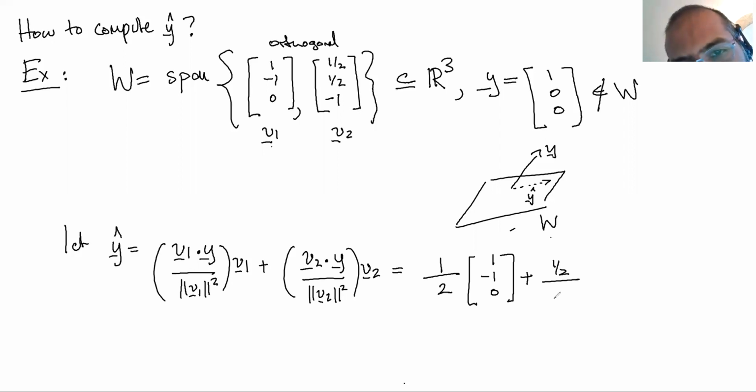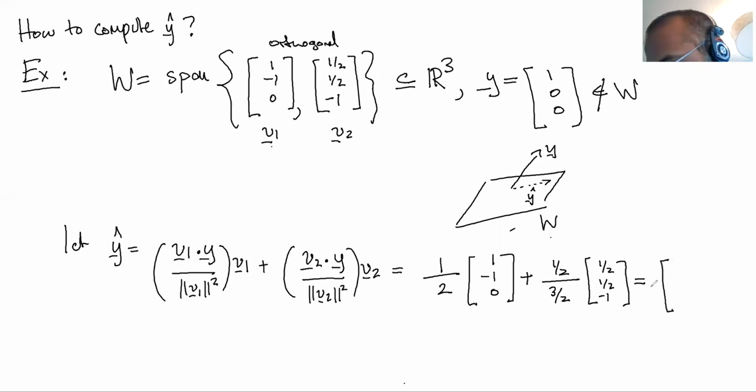Well, it's 1 plus a quarter, so that's 3 halves, times this vector (1/2, 1/2, -1). Okay, so this gives me some vector, which if you calculate it out, you get the vector (2/3, -1/3, -1/3).